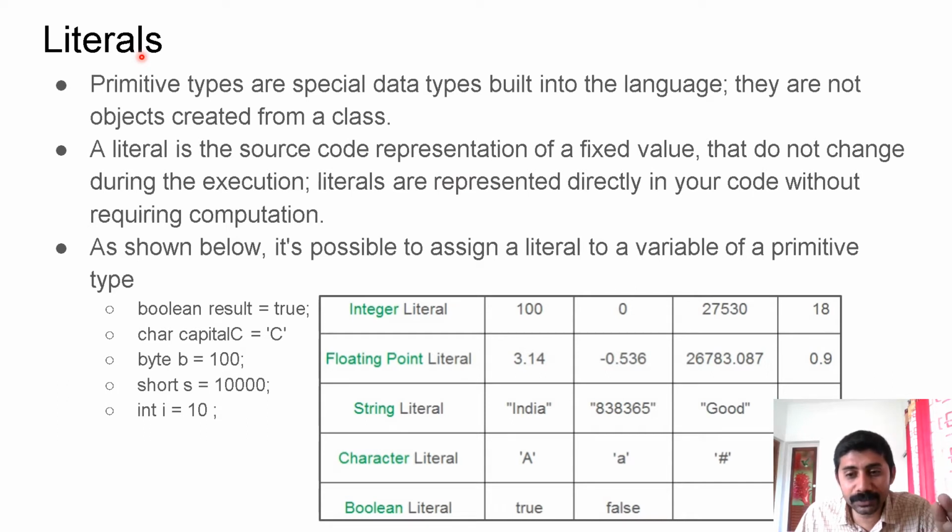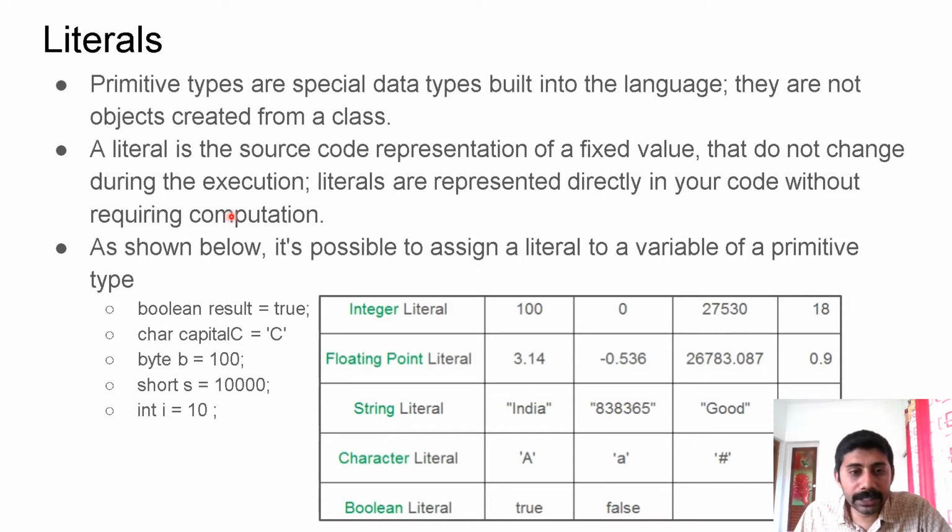Don't confuse it with any variable. Means I want to represent digit 5. So in my source code I am representing that as 5. That is nothing but a literal. I want to represent a string hello in my source code. So that source code representation of hello within double quotes is nothing but a literal.